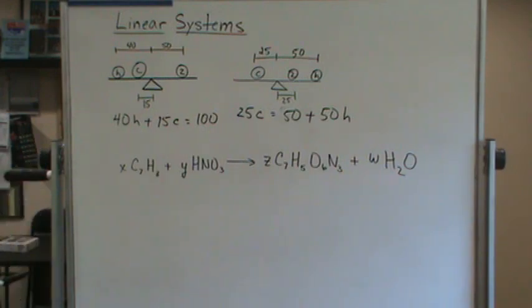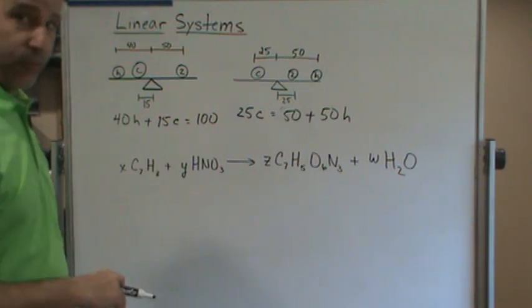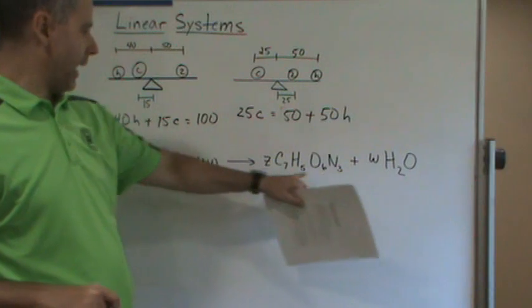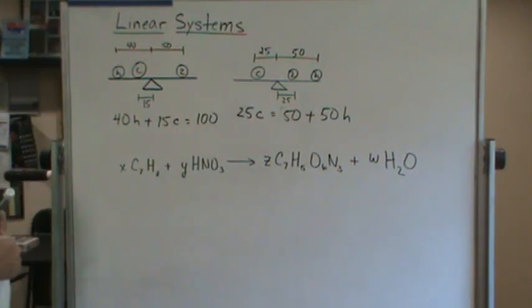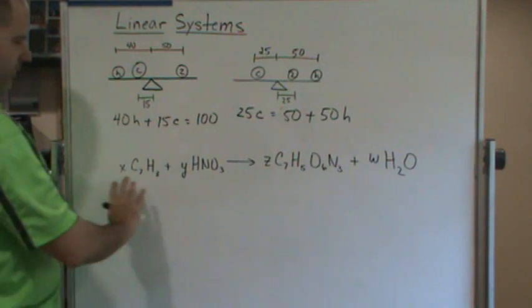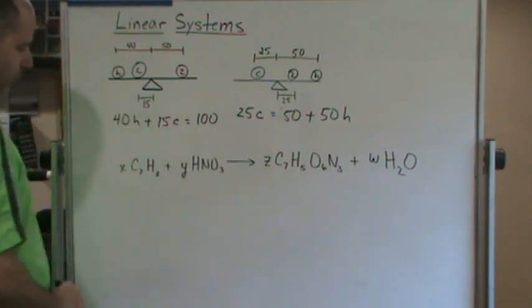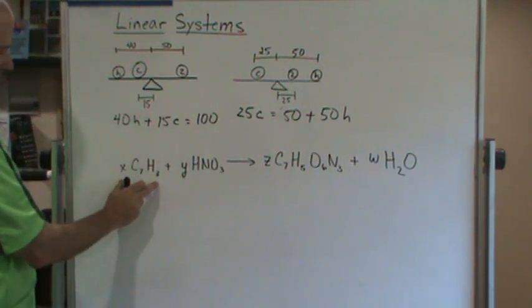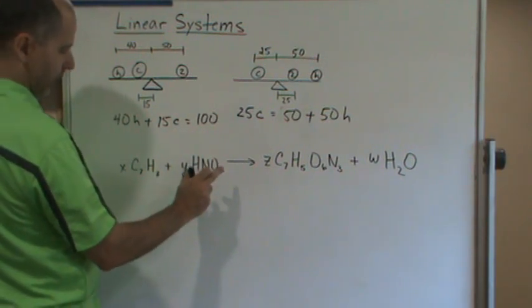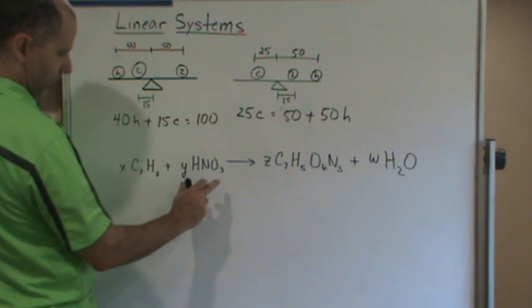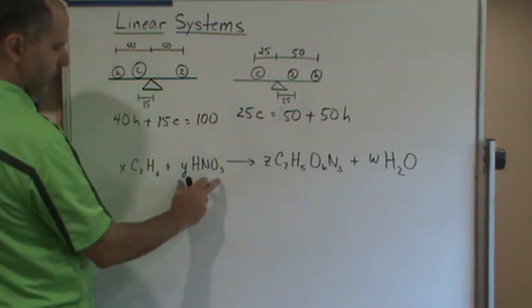Okay, so there's one. Now the second example is from chemistry. So this is a chemical reaction. Under certain controlled circumstances, we could take these two chemicals. Here we have toluene, and we can mix toluene and nitric acid.